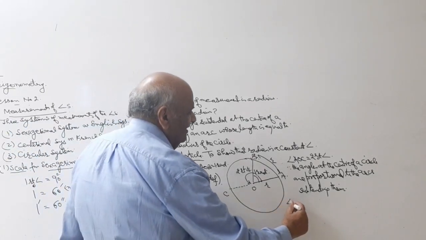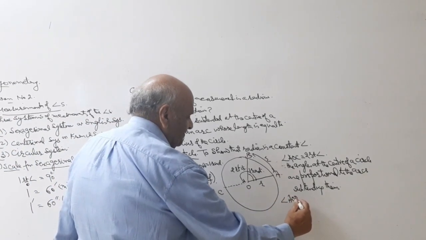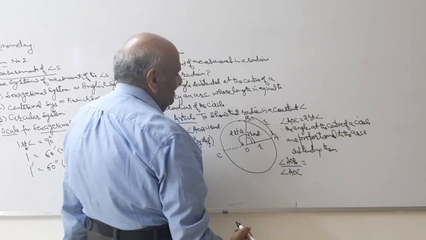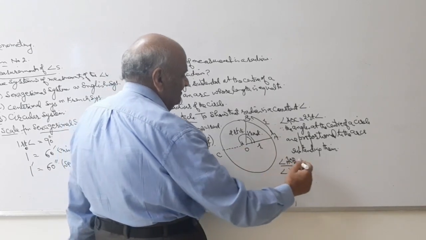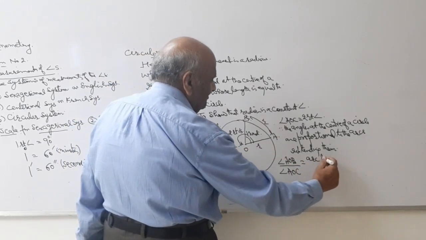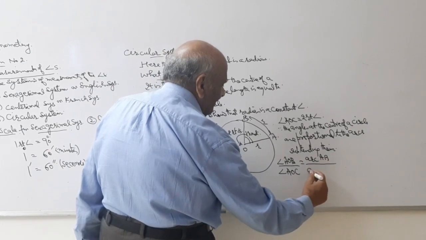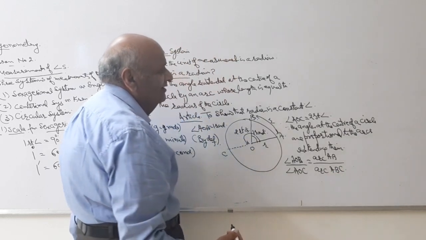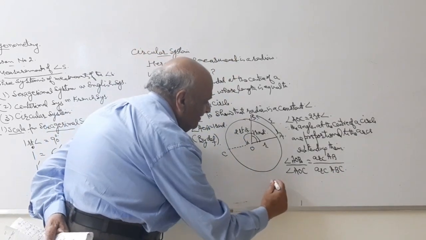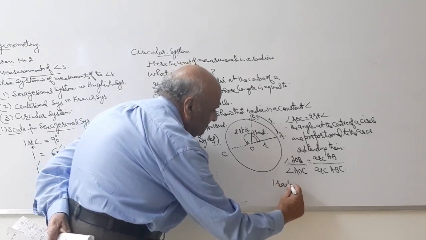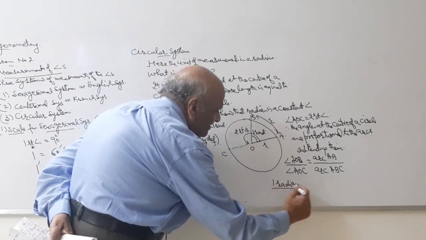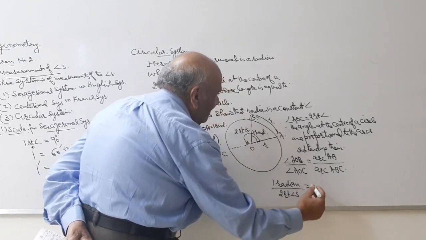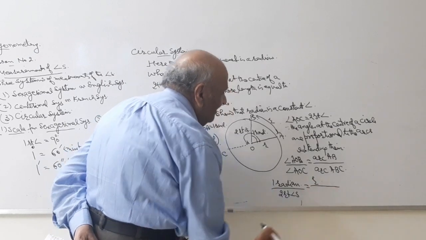Therefore, angle AOB upon angle AOC is arc AB upon arc ABC. So 1 radian upon 2 right angles is equal to arc AB, which is R, upon arc ABC.